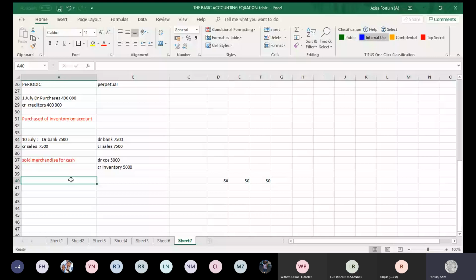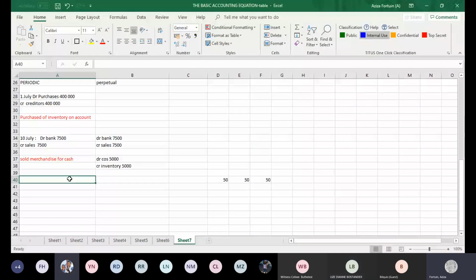Okay, let's look at the merchandise. The merchandise to the value of 10K was returned to the supplier. And the periodic, how would we account for that? And under perpetual, how would we account for that? The trade creditors account would be debited, and the purchases return account would be credited.